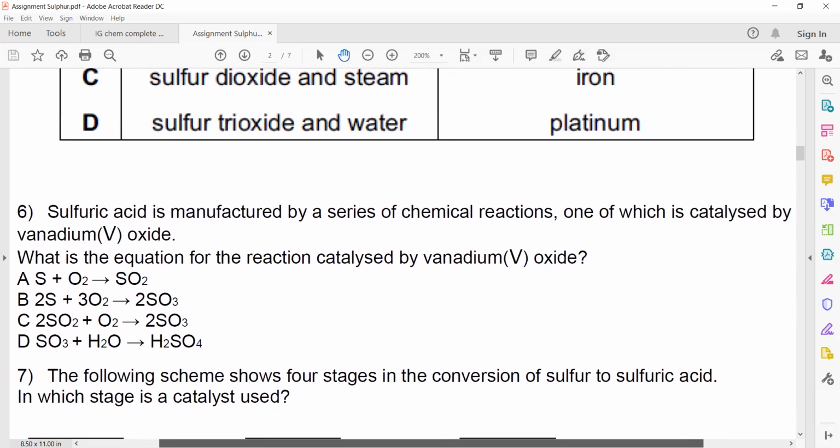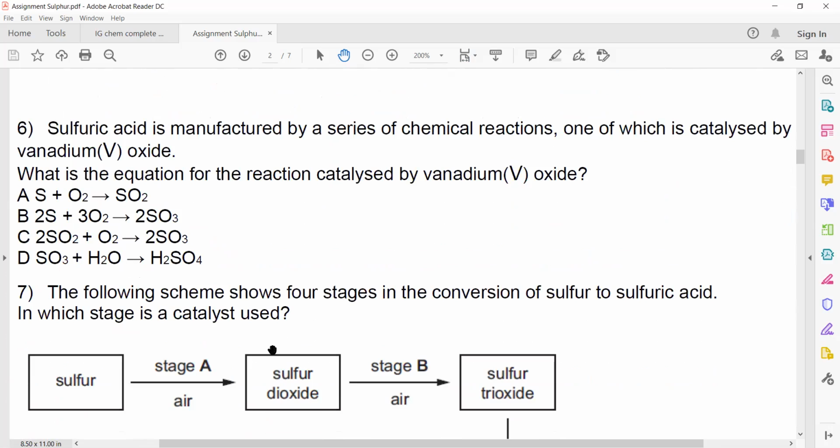Question 6. What is the right answer for question 6? Yes, C is the right answer because vanadium pentoxide is a catalyst for manufacture of sulfur trioxide.